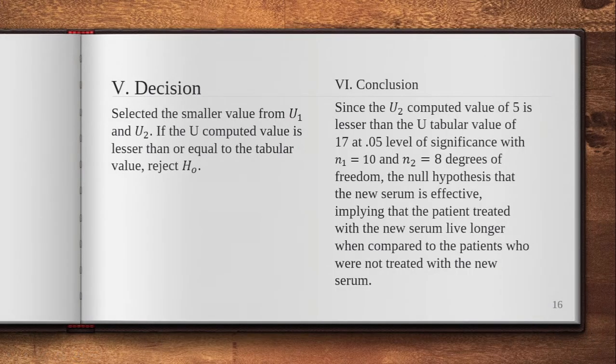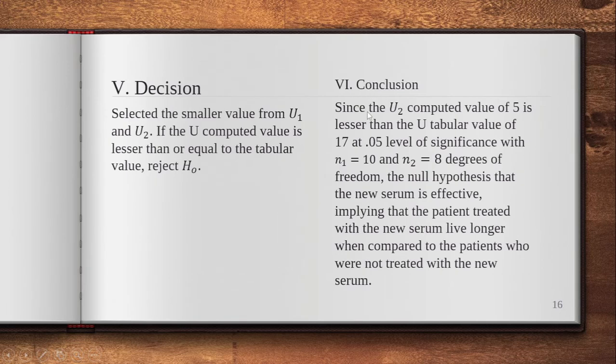Now, in decision, select the smaller value from U sub 1 and U sub 2. If the U computed value is lesser than or equal to the tabular value, reject the hypothesis.